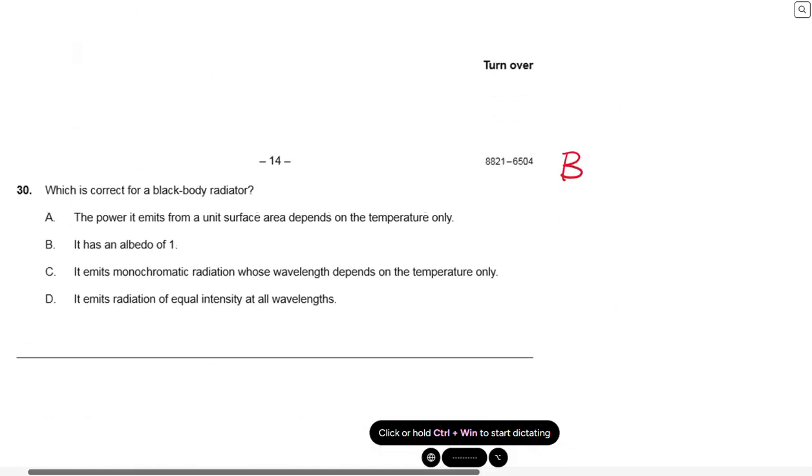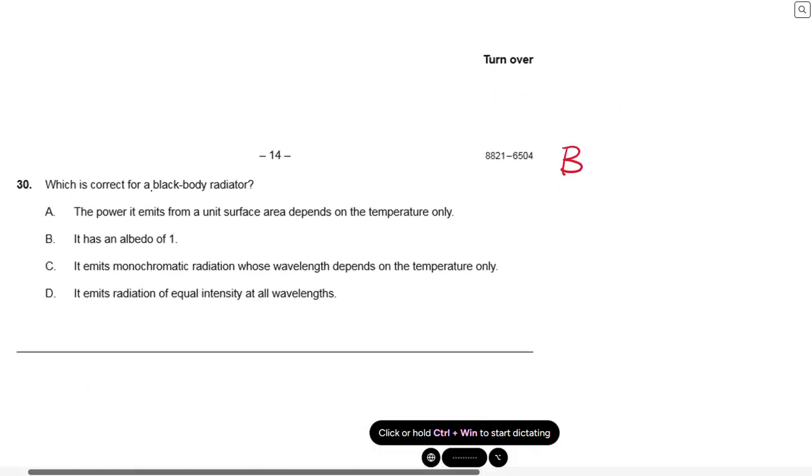Okay, that's pretty simple. And we have black body radiation. The power it emits from a unit surface area depends on the temperature only. One option says it has an albedo of 1. That is already wrong, right?